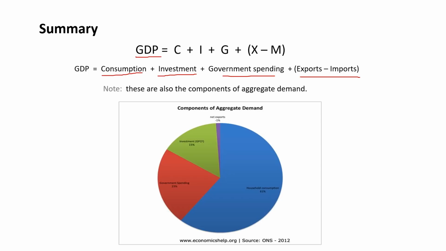Note there are also components of aggregate demand. The components of aggregate demand are identical to the components that are used to calculate real GDP using the expenditure approach. This means that they rise and fall together.